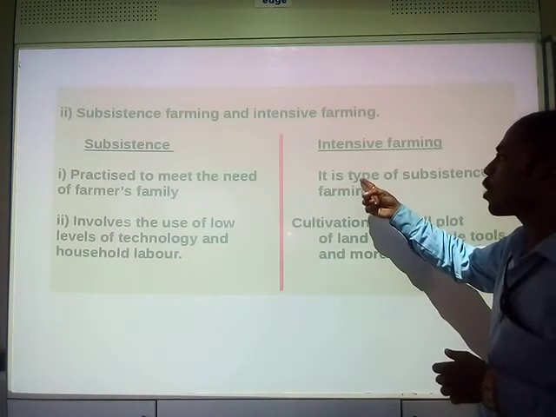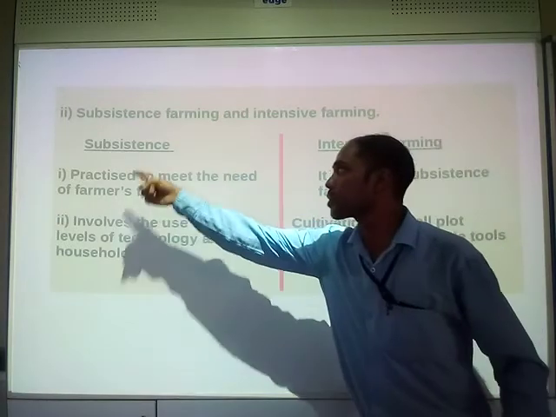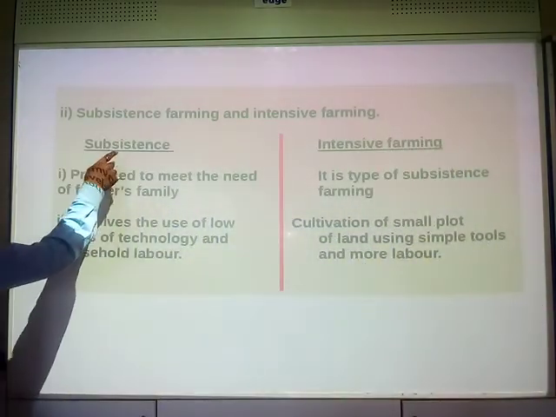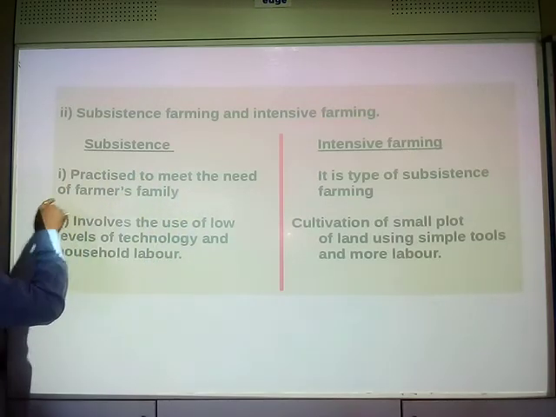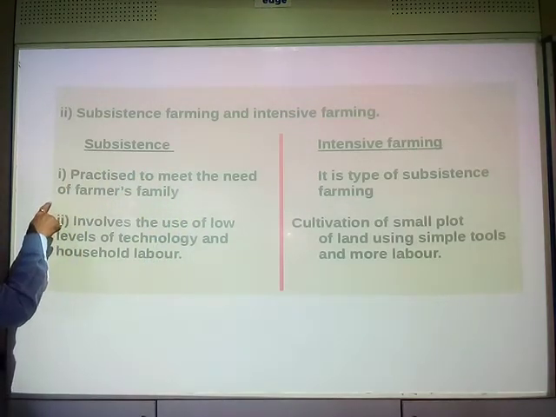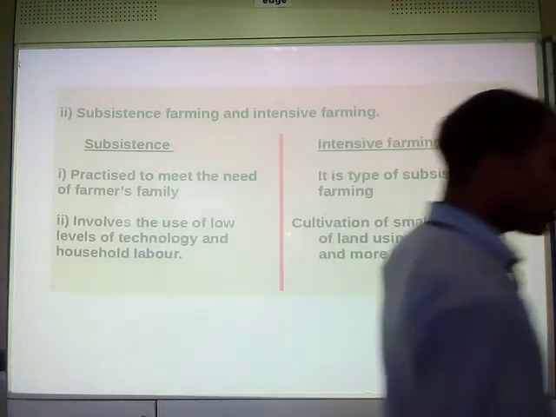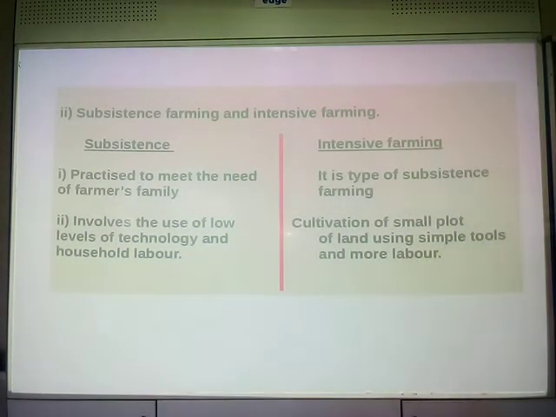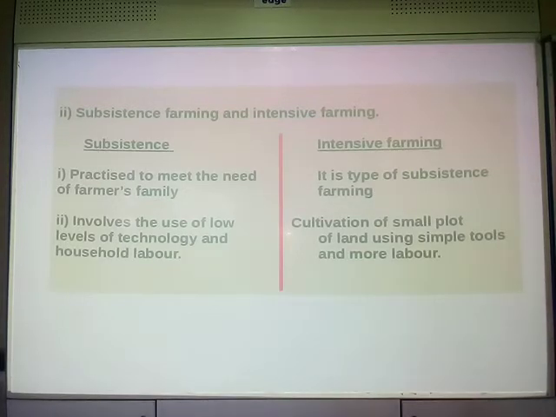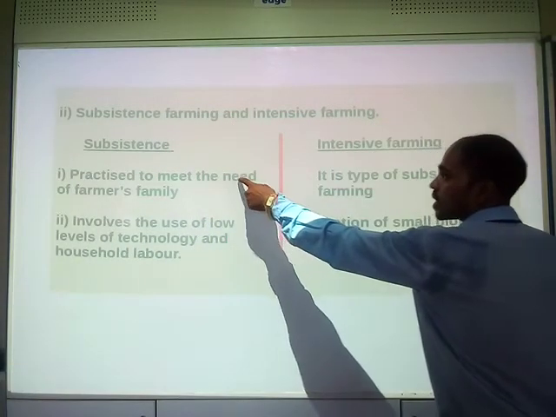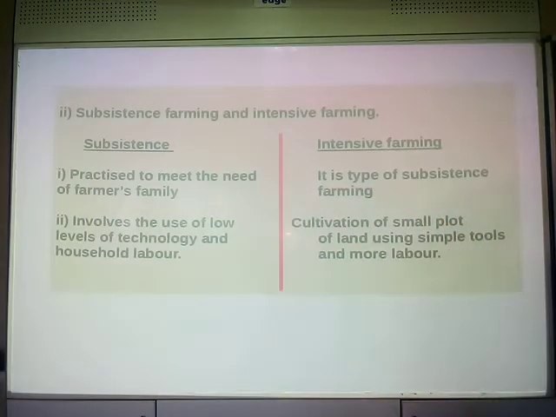Remember, subsistence farming is divided into two types: intensive subsistence farming and primitive subsistence farming. So subsistence farming is practiced to meet the need of the farmer's family, and intensive subsistence farming is one of the types of subsistence farming.